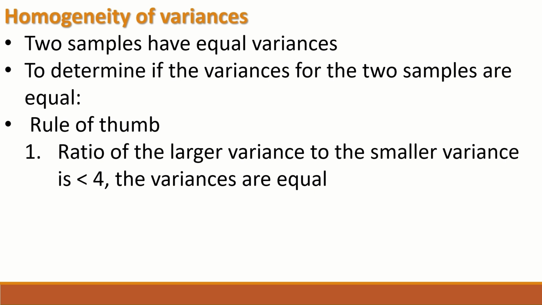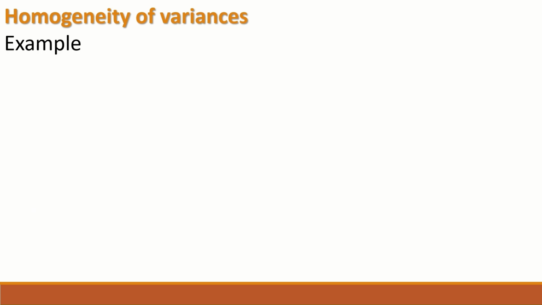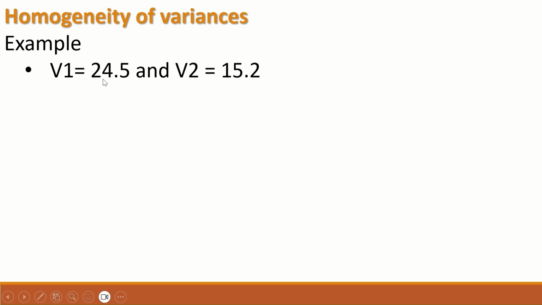If the ratio of the larger variance in one group to the smaller variance in the second group is less than 4, then the variances are most likely equal. So then use the two sample t-test. Let's give an example here. Let's say that in one group the variance is equal to 24.5 and the variance for the second group is 15.2.